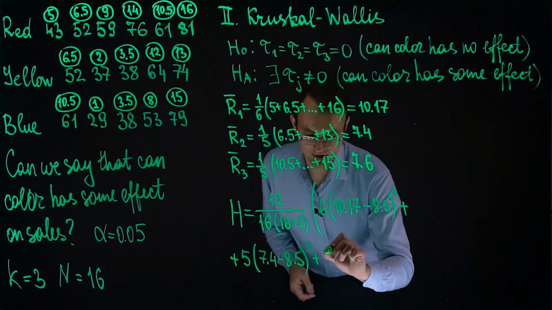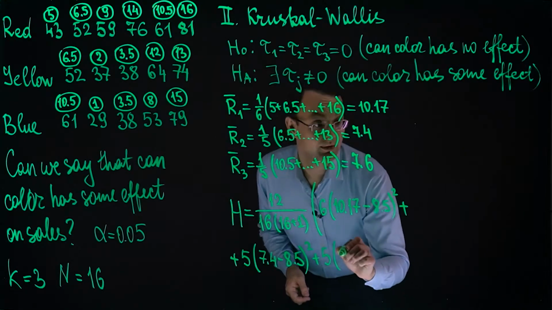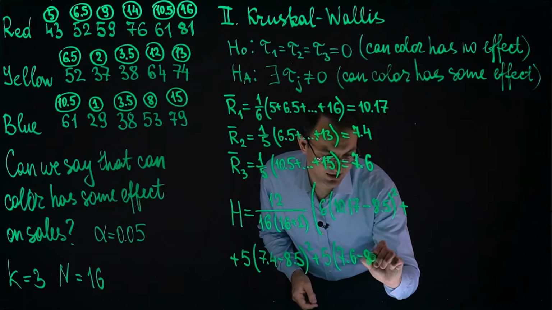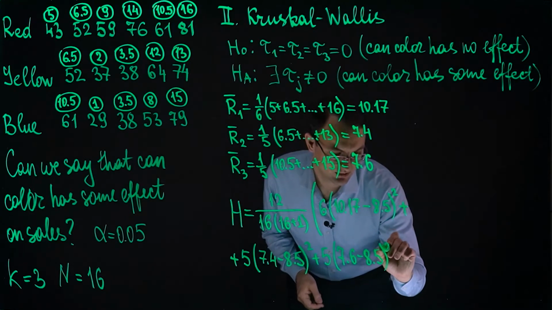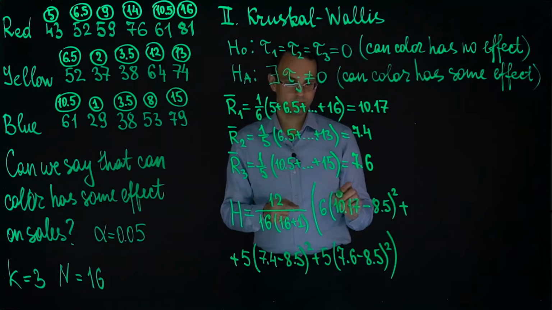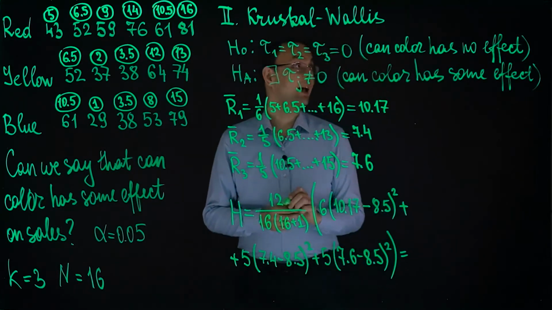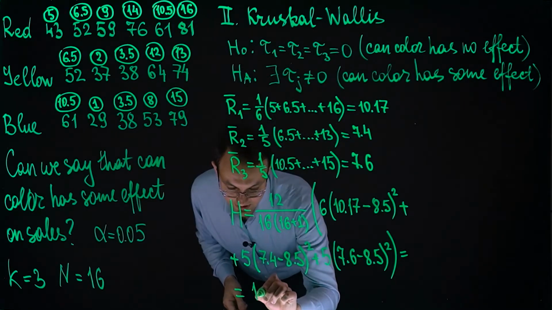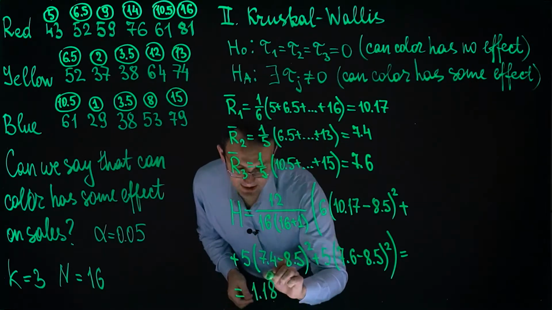And for the third sample, 5 times 7.6 minus 8.5 squared. So this is the formula for the test statistic, and the final value, if we do all necessary calculations, is approximately 1.18.